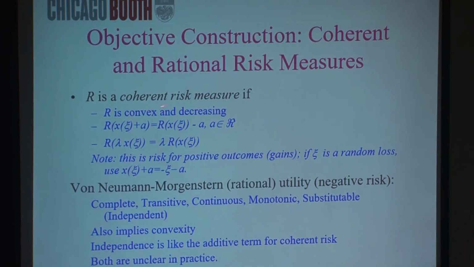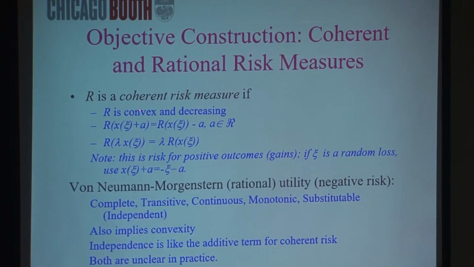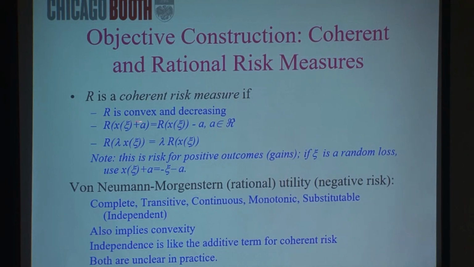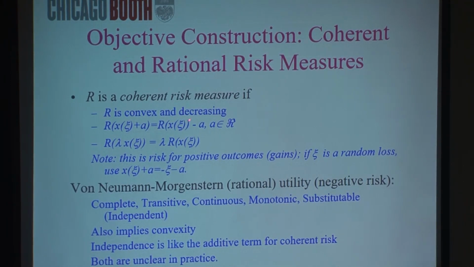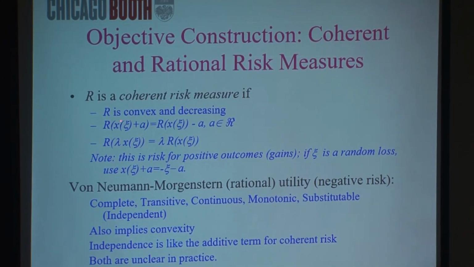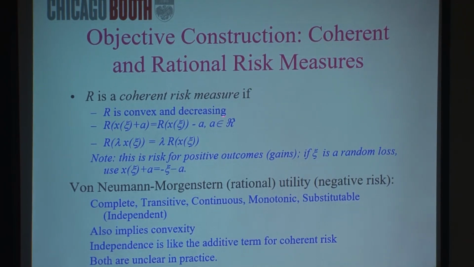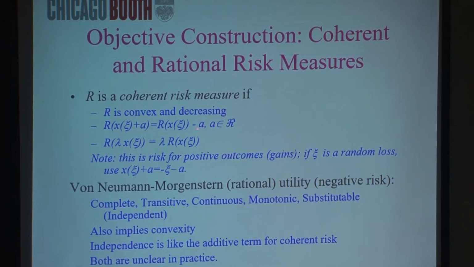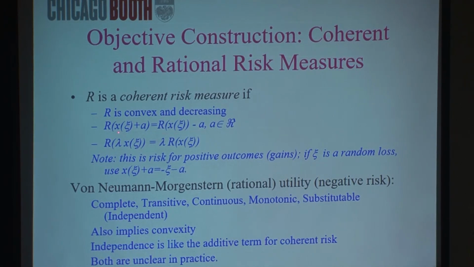So they're convex, and if I get more return, then these risk measures actually go down. So they're convex and decreasing. They have a property that if I add in something for certain, then that subtracts from the amount of risk.